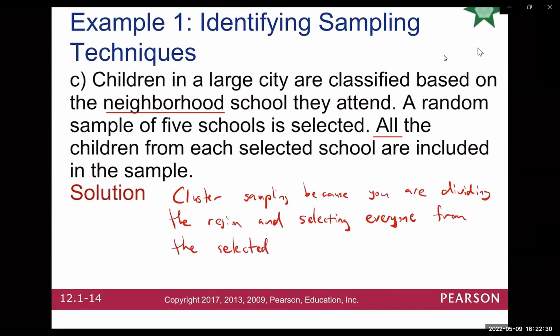You're not selecting every school, but you're just selecting some schools and then getting everybody from the selected schools. All right, so that is called cluster sampling. And let's see what the next one is.